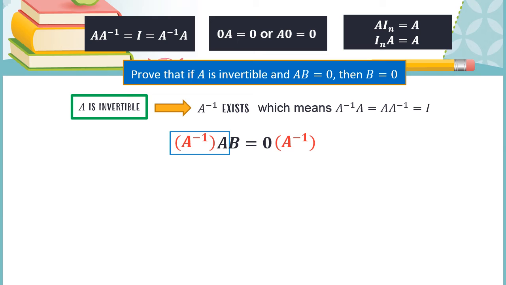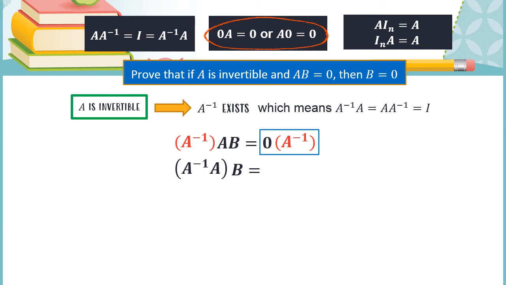In A inverse multiplied by AB, applying the associative property, we can group the A inverse and A, which will become the quantity A inverse multiplied by A, which is multiplied by B, equal to 0 multiplied by A inverse. Applying this property, 0 multiplied by A inverse is equal to 0.